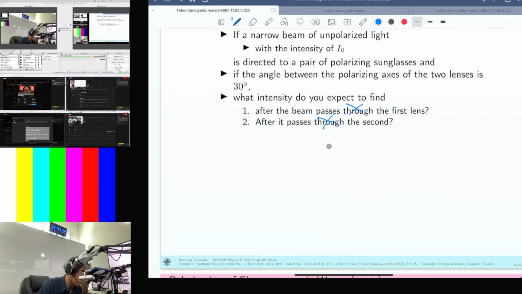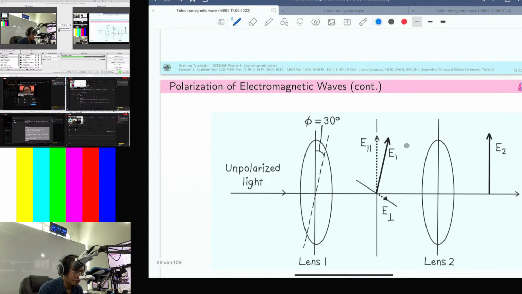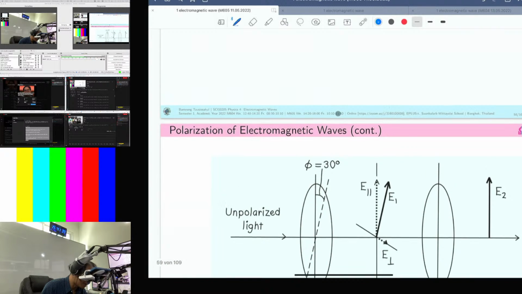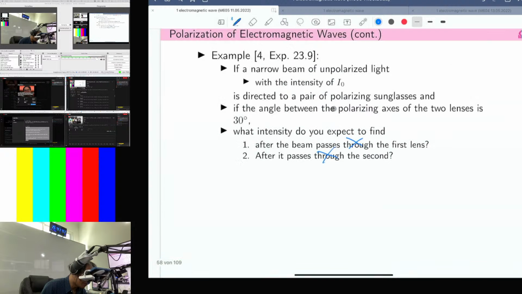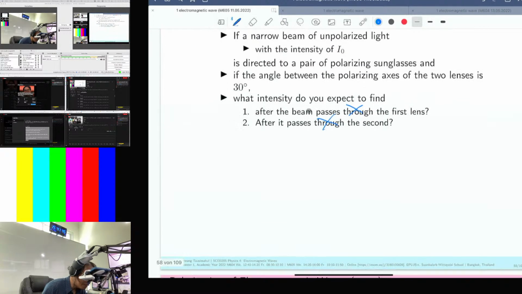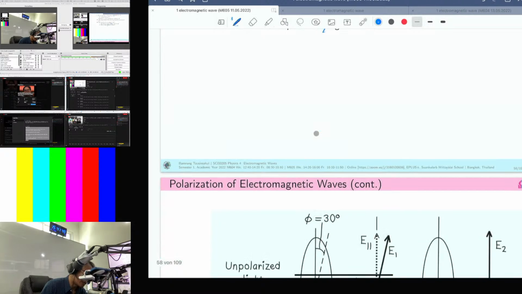Once you don't understand anything from the text, just take a look at the figure. Please be aware that the midterm exam will be exactly like this, but the difference will be only the numbers.